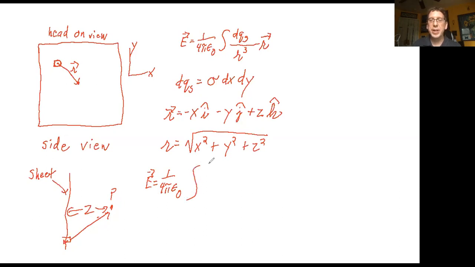And so you have sigma dx dy over, and again, it's a double integral. So in both cases, you're going from negative infinity to positive infinity. And so you have negative x i hat minus y j hat plus z k hat.